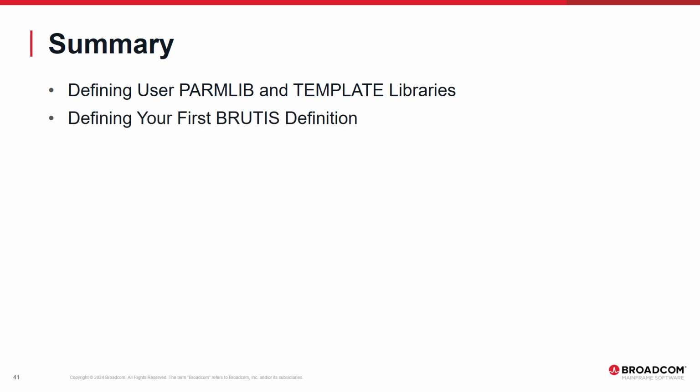Next, you defined your first BRUTIS definition and JCL sample. The sample was to create a job that can be executed without any required input changes. We will explore more use cases in the next video. We learned how to use various BRUTIS commands.